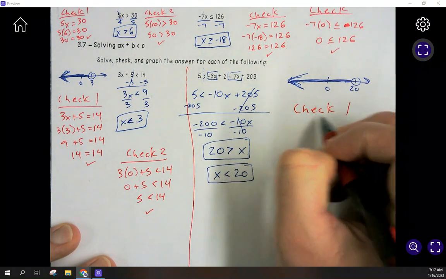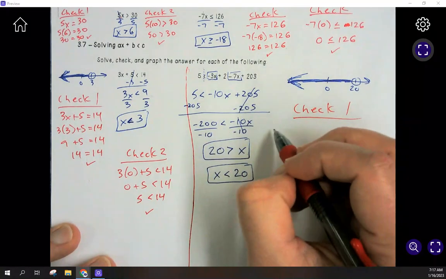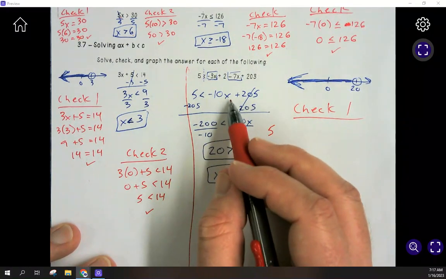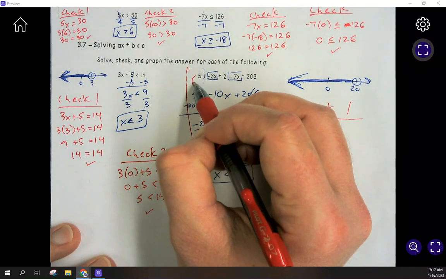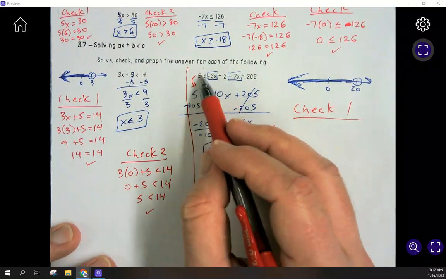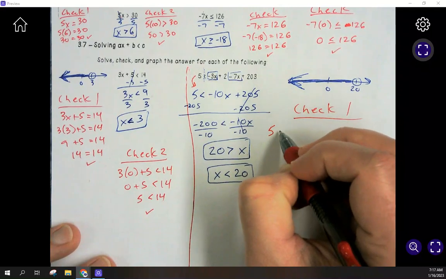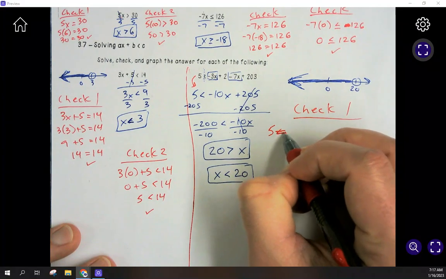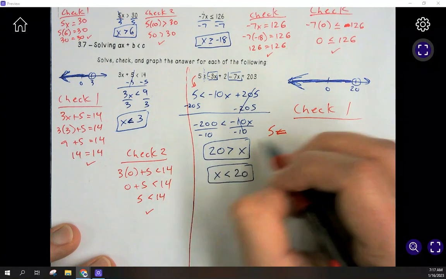Start with check 1. So we got to go all the way back to the original so that if we only went halfway back, if we made a mistake from here to here, our check wouldn't catch it. So we got to go back to the original to catch any possible mistake. So for this one, we're going to put an equal sign and plug in our 20.